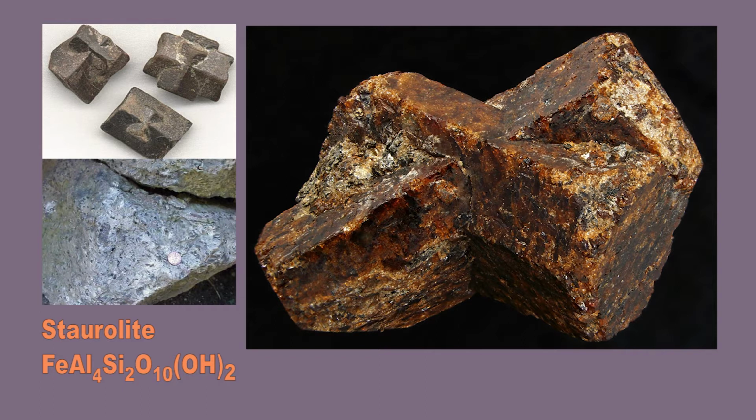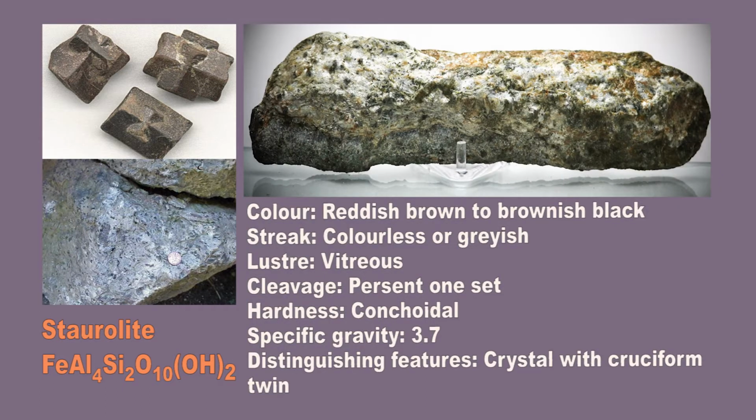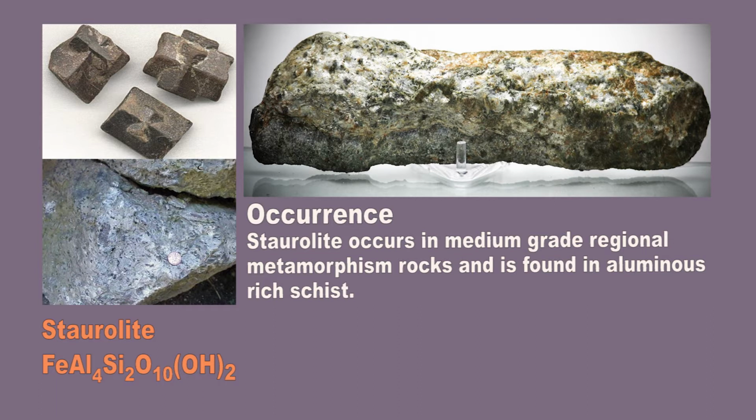Color reddish brown to brownish black, streak colorless or grayish, lustre vitreous, cleavage one set, fracture conchoidal, specific gravity 3.7. Distinguishing features: crystal with cruciform twin. Occurrences: staurolite occurs in medium grade regional metamorphic rocks and is found in aluminum rich schists.